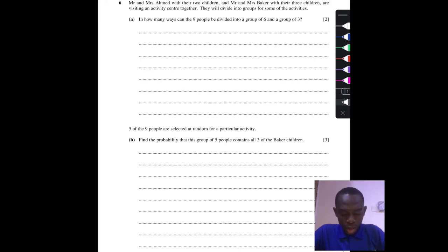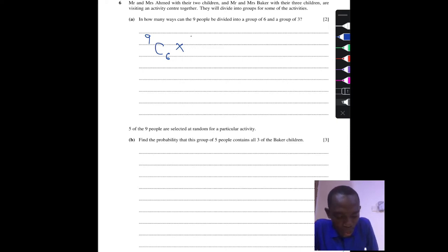Great. So now this is how you are supposed to understand this story. 9 people. Which group did they mention first? The group of 6. So if you have 9 people, you are going to choose 6 to fill the first group. So that's 9 combination 6. Then how many people are left? 3.